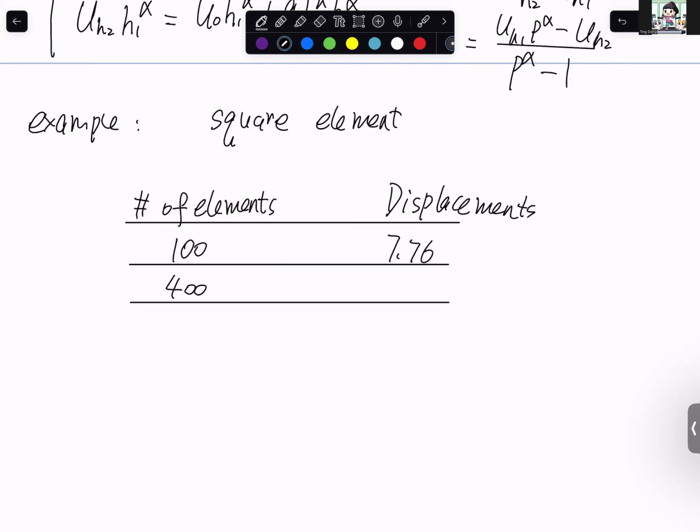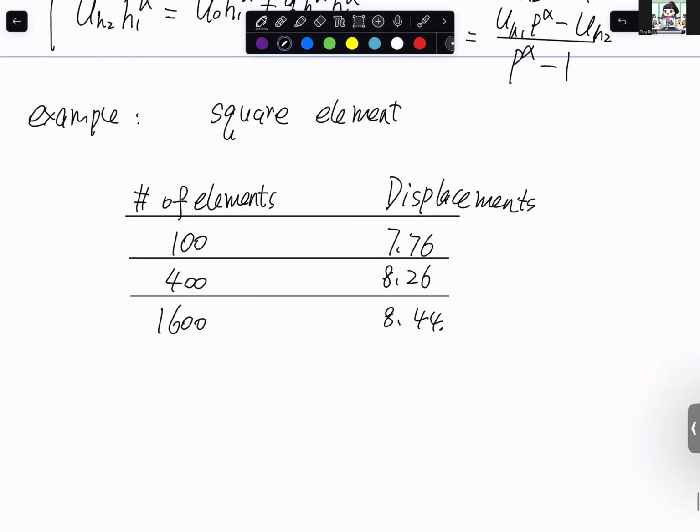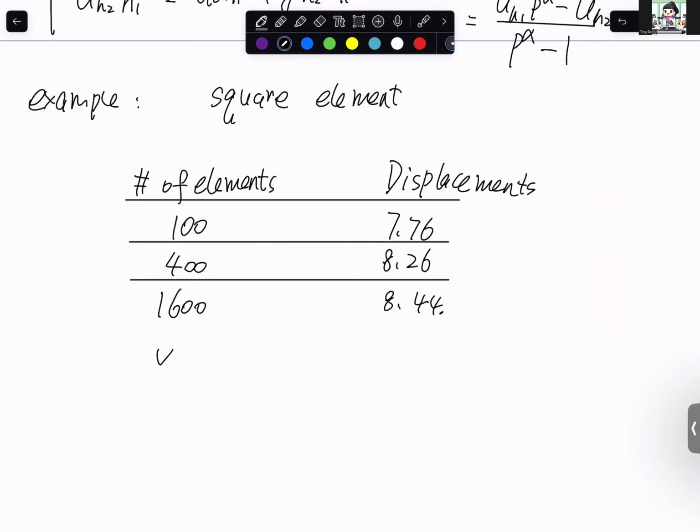And then we try 400 elements, refining the element so the number of elements increases to 400, and this is the displacement result. And the third iteration, 1600 elements, and this is the displacement result generated from software. And of course, the question is to calculate the convergence rate and estimate the exact displacement.